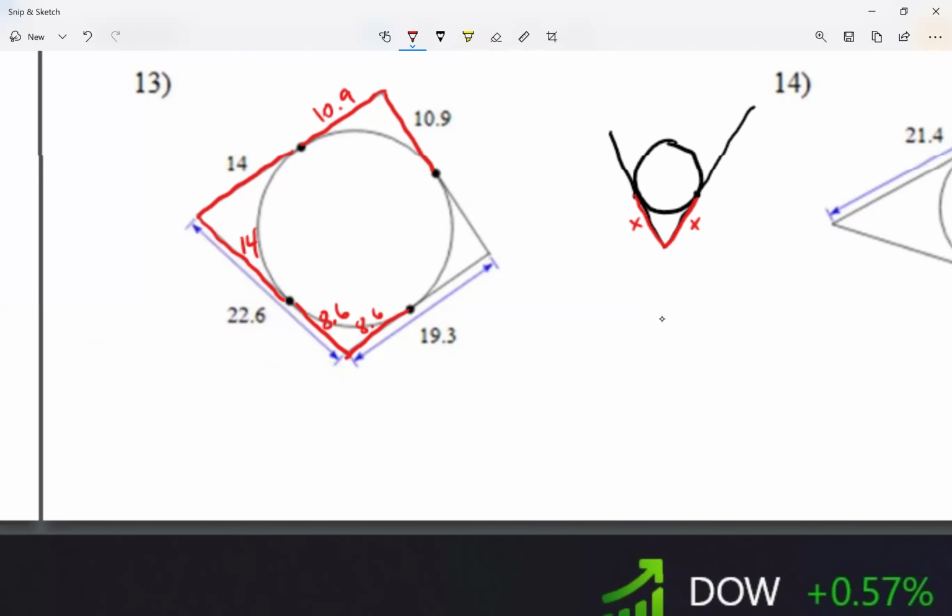Now, I want you to pay attention to this 19.3. I'm going to be able to solve for this part. The whole thing is 19.3, part of it is 8.6. So I'm going to go 19.3 minus 8.6, and I get 10.7. And guess what? This side right here is 10.7 as well.